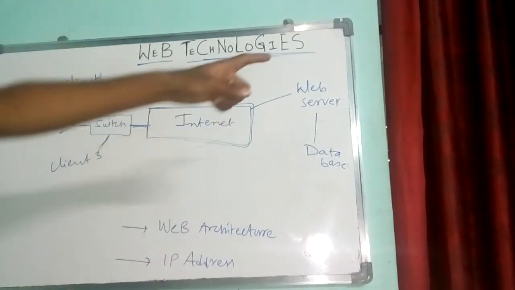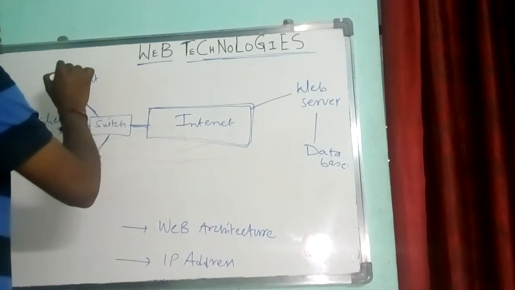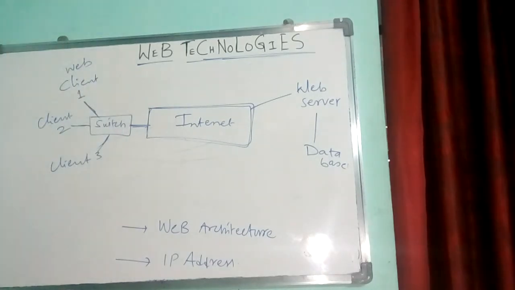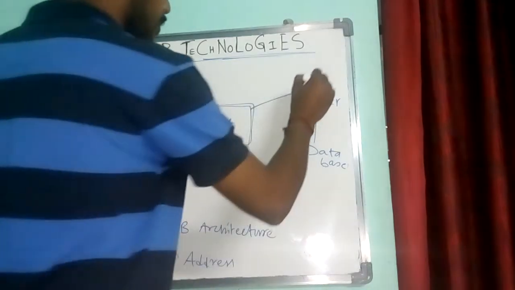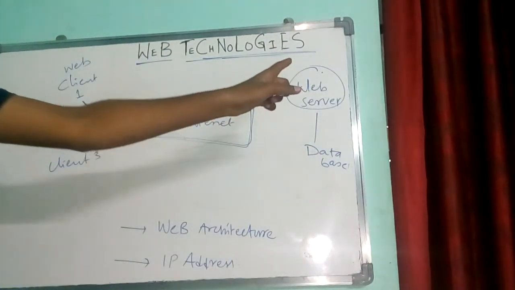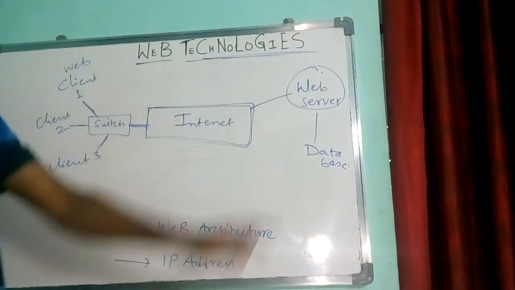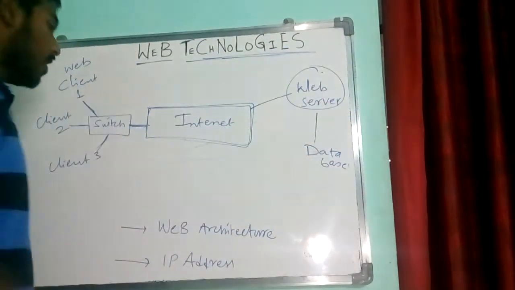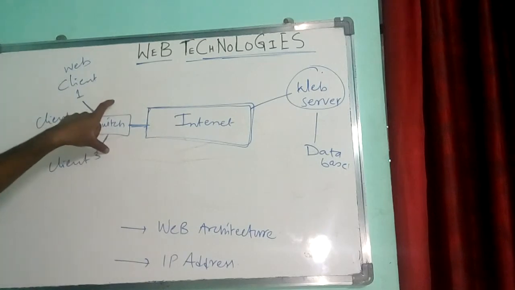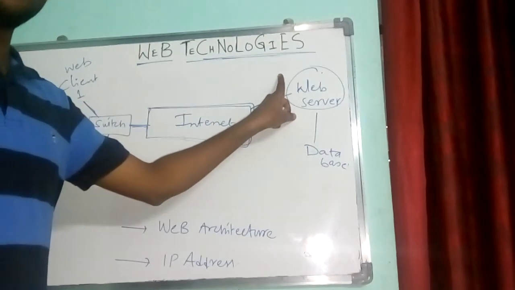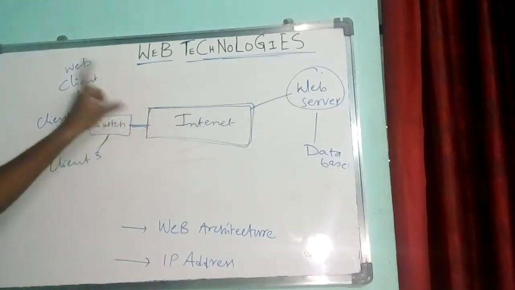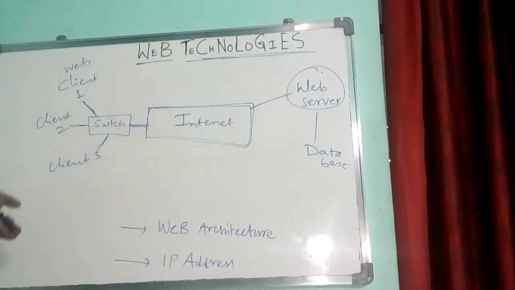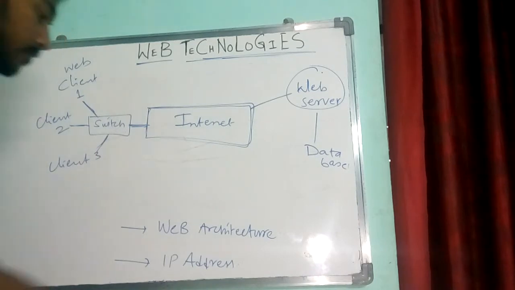So that is the web server, whereas these are web clients. What is the web server here? The web server produces and delivers the information. This is the source, whereas these are the utilizers. It provides the resource and the information, whereas these web clients retrieve the information and display it.